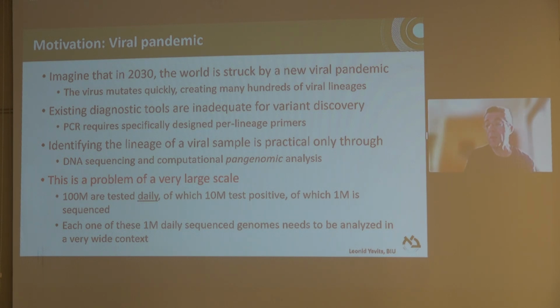So assuming that PCR can be used for classifying a viral genome into hundreds, maybe thousands of existing lineages, that's kind of impractical. So the ultimate solution for that is DNA sequencing and then computational analysis.